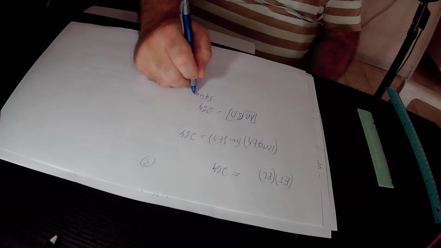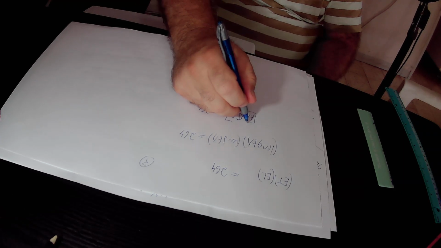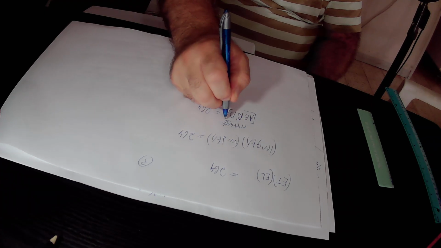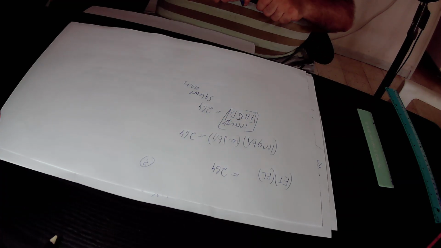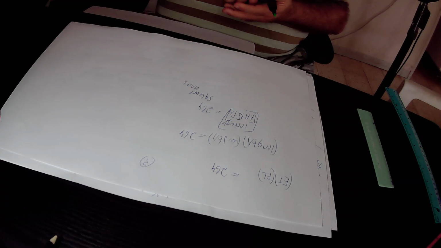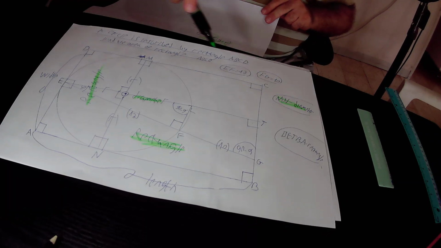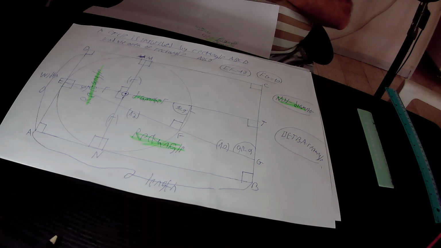That is the answer to the question. So repeat again, we found out that the area of this rectangle ABCD, that is the area that we are looking for in this question, is equal to 264 square units. So we finish with the first question.